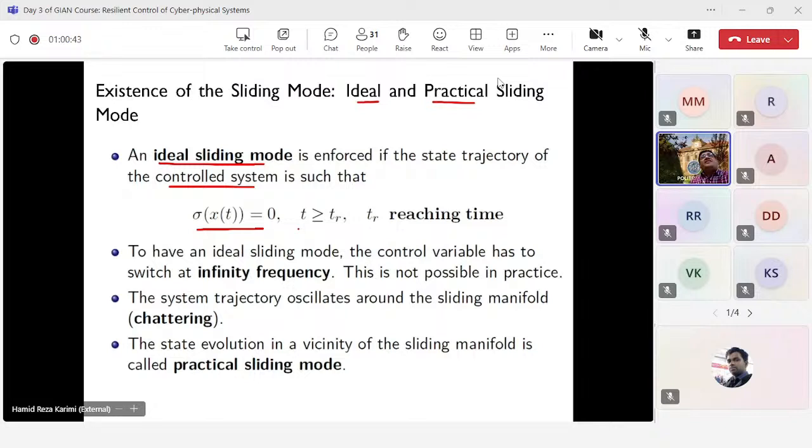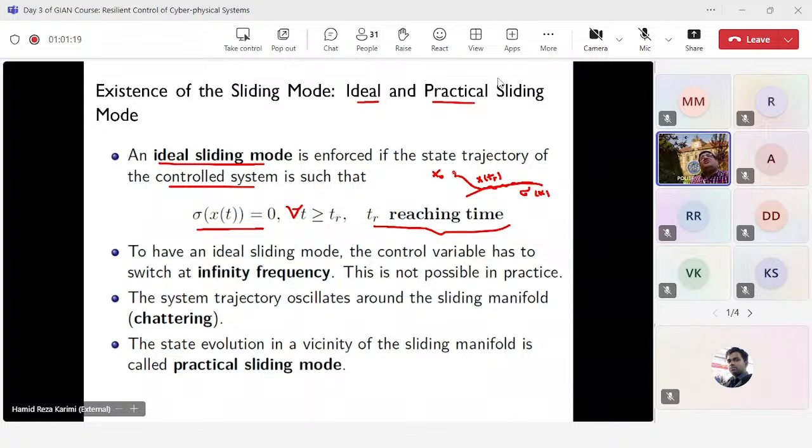It means that, as we talked about before with the reaching time, if this is your sigma x, and from the initial condition x zero the state arrives at it at the time tr, then for each t bigger than tr the state should remain on the sigma x.